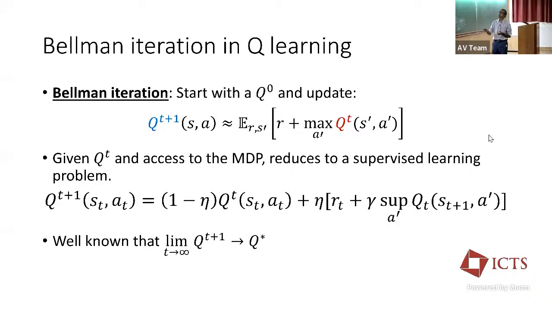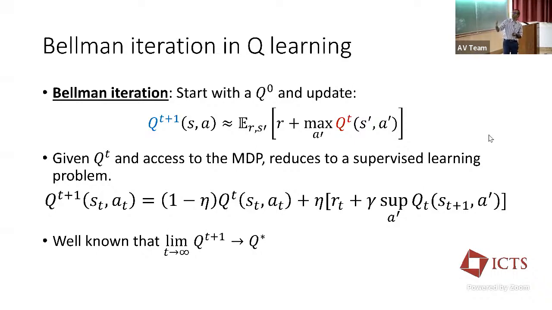That is, Qt plus 1 I can think of as my parameter, and I have some current parameter Qt, and that gives me this target value. So this is almost like a linear regression kind of problem. I have some target value based on my current Qt, and these are the parameters I need to estimate. And I can try to do a simple least squares regression here.